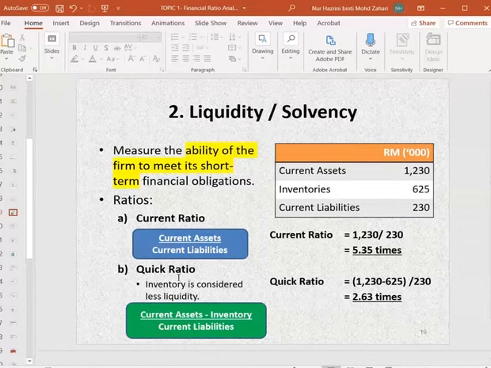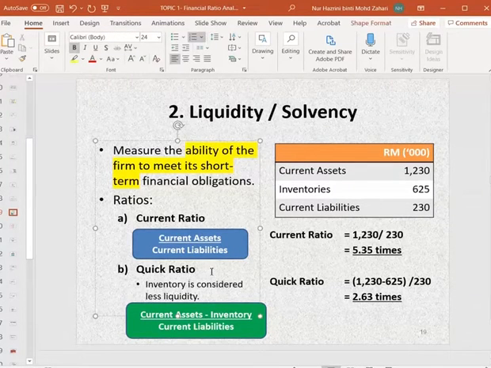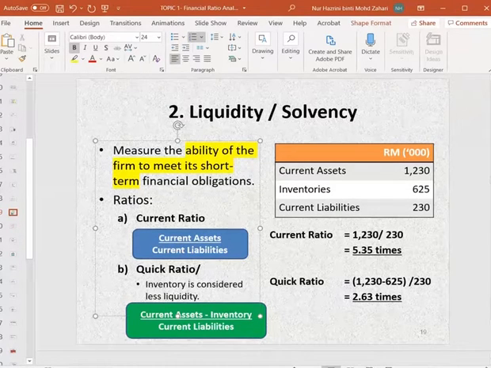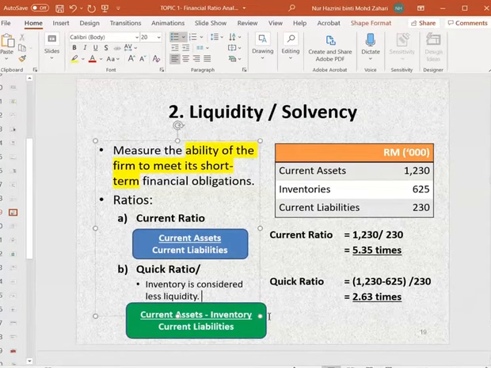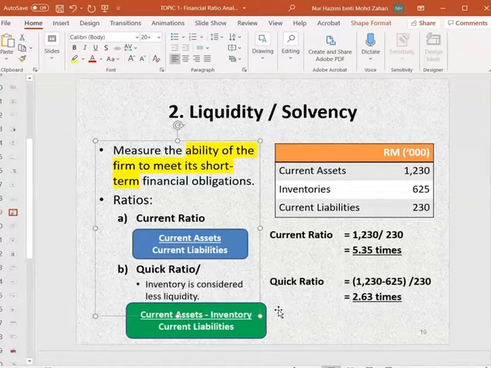For quick ratio, we will use current asset minus inventory. Quick ratio, we also call it liquid ratio or acid test ratio. We will use liquid asset only. Liquid asset is, imagine your current asset.